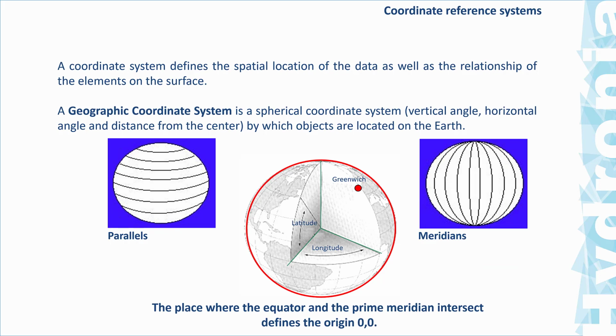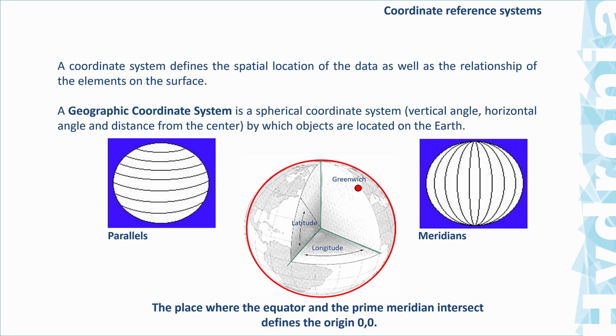A coordinate system or coordinate reference system defines the spatial location of the data and also the relationship between the different elements on the surface. A geographic coordinate system, like the one we would need to have on the Earth, needs to be a spherical coordinate system because the Earth is similar to a sphere, even though it's not perfect, but it's the best coordinate system that we can have to represent the form of the Earth.